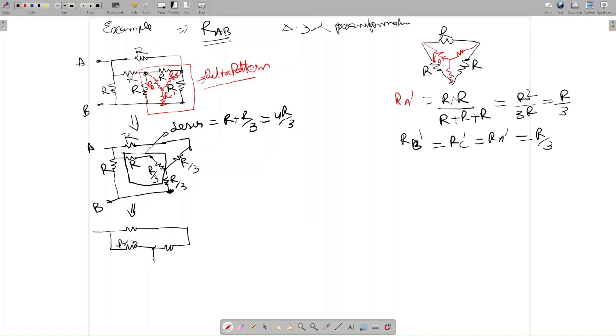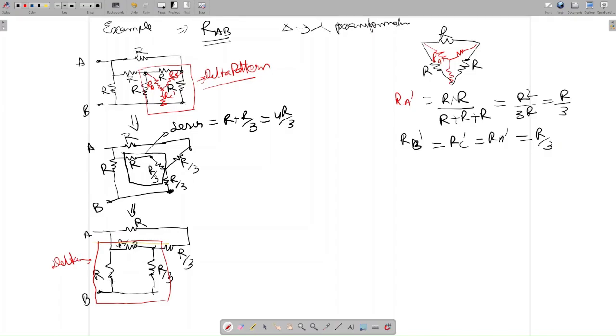This is connected to this. This is connected to this. This terminal and this is again this. So this is R. Now again we can find that these two things, this is the delta.